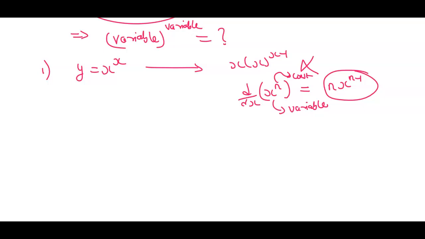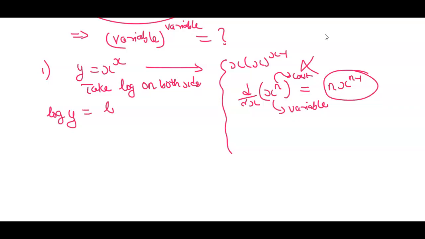so how to solve a question which is of this nature? I suggest you follow the rule, that is, take log on both sides. It is log y equals log x to the power x.